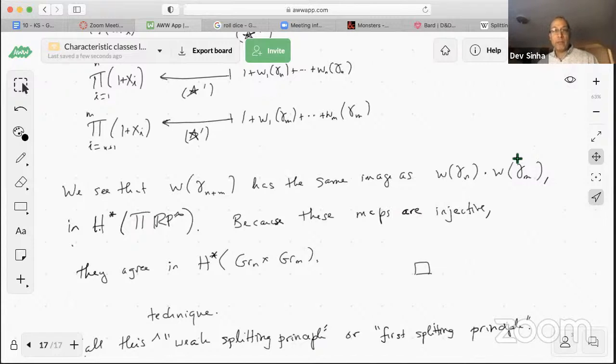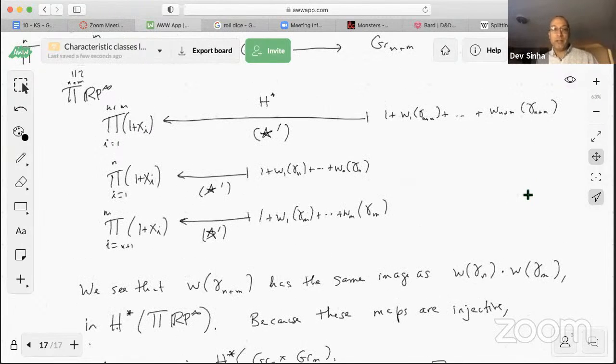And then because this classification map is injective, we were able to reduce it to a calculation in the cohomology of a product of RP infinities, and it's a remarkably simple calculation, namely the product of 1 plus xi from i equals 1 to n, along with the product from i equals n plus 1 to m, is the product over the whole set of indices i equals 1 to n plus m.